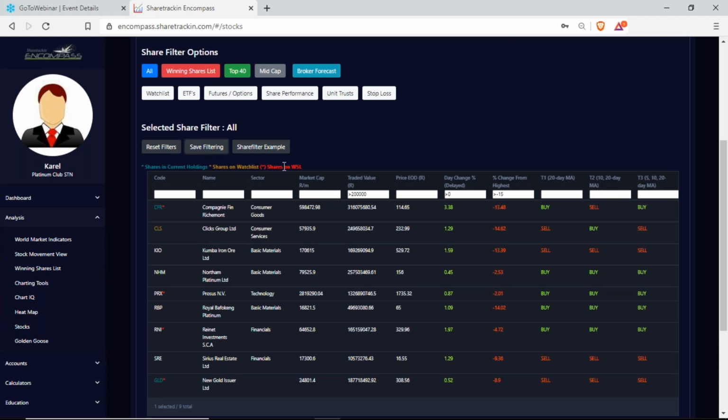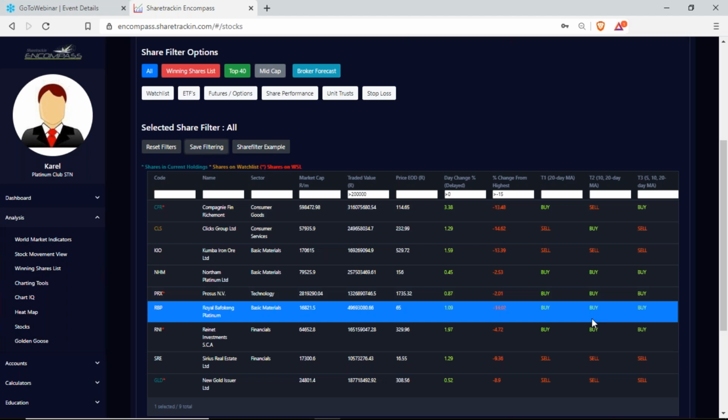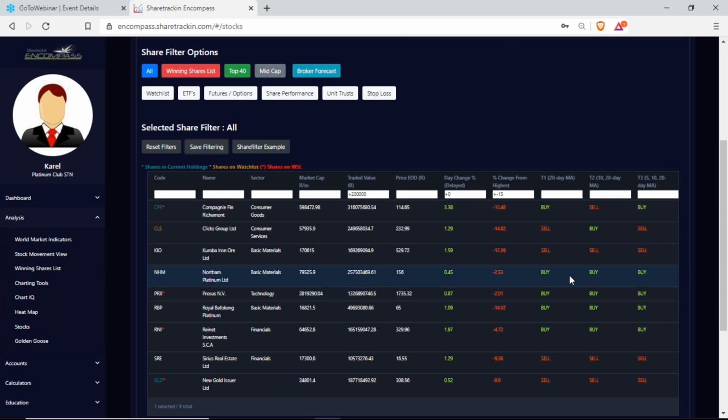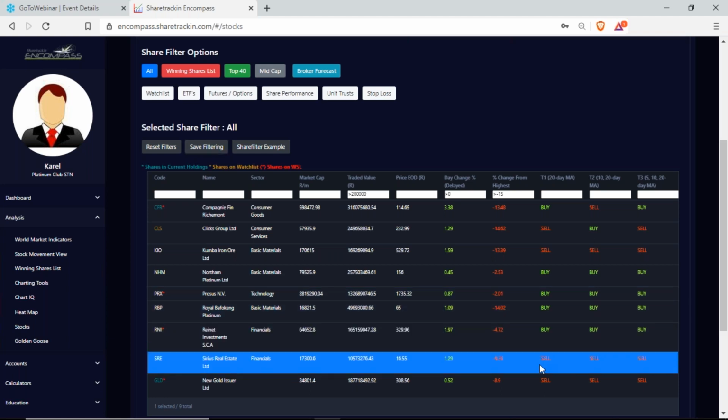Now, you would remember earlier on, we had the share filter example that gave us the signals. Here are the signals. Now we know we want to look at a share that we can put on our watch list. Let's use Cirrus Real Estate.